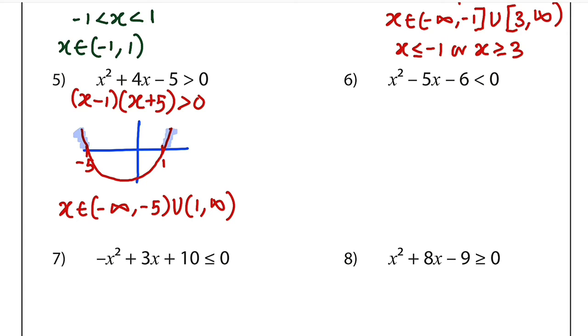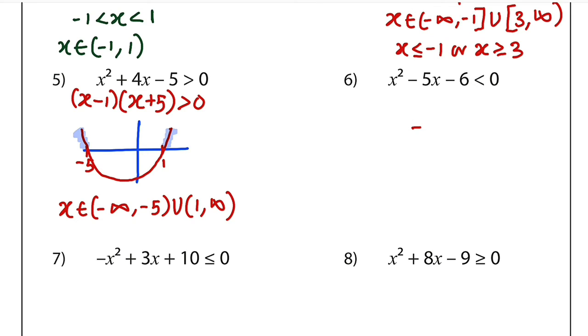Now let us move on to question number 6. We have x squared minus 5x minus 6. We have to think of two numbers to multiply in order to get -6. Once you add them together, you get -5, and the numbers are -6 and +1. This time this is -6, and this plus this is -5.